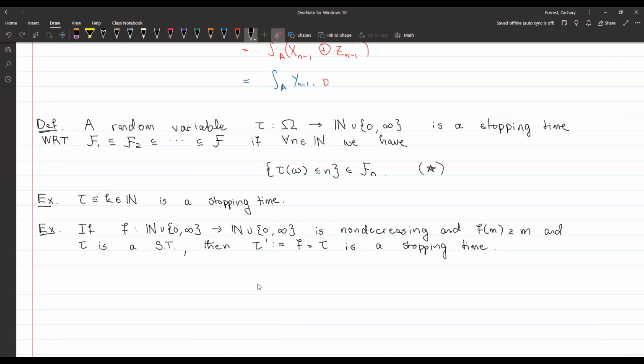So if we start trying to take the preimage, so let's see, tau prime preimage of the set 0, 1, etc., all the way up to n. Of course, what that means is I'm going to be talking about tau inverse of f inverse of the set, because that's just how compositions work. We know that.